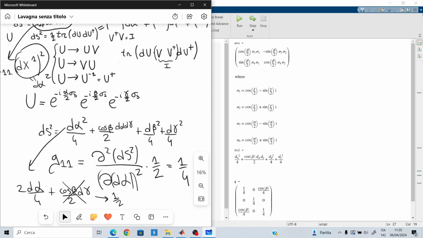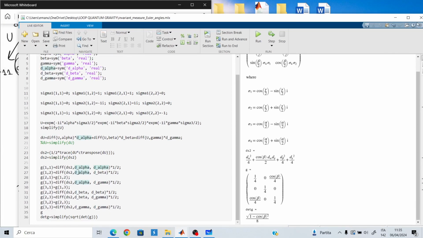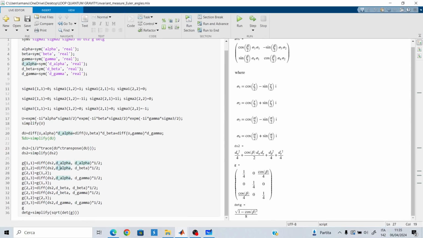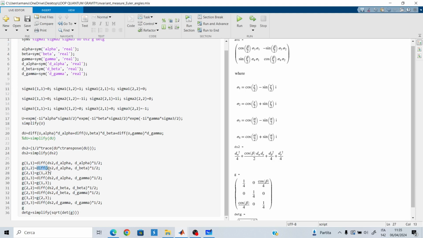And then you can understand why in MATLAB I defined these matrix elements in this manner. So for example, g12 is equal to the second derivative of ds squared with respect to the alpha and the beta multiplied by 1/2. Then G is a symmetric matrix, so G21 is equal to G12, and so on and so forth.